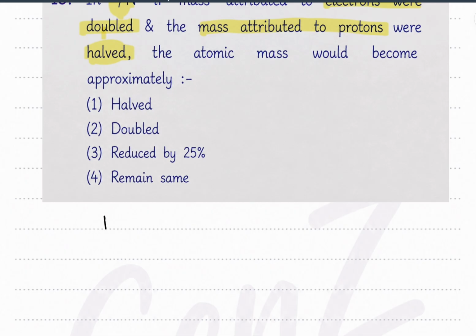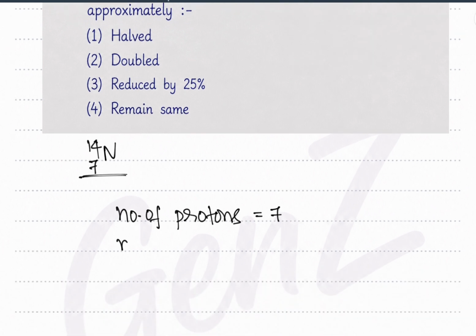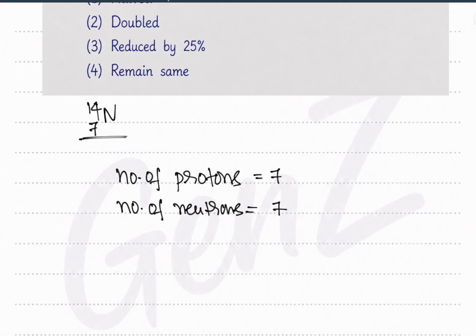In case of N 14 7, the number of protons is 7, and the number of neutrons is also 7. How to find the number of neutrons? Atomic mass minus 7, so it is also 7.